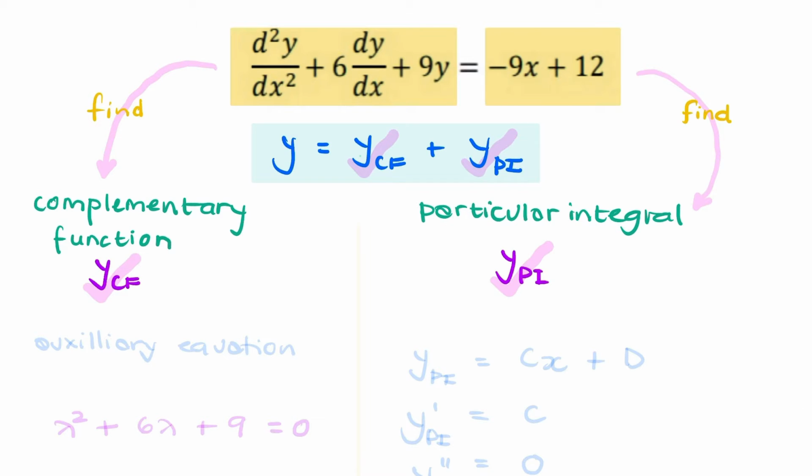Now, the complementary function is essentially the general solution that we find from the left-hand side of this differential equation. So because it's a second-order differential equation, we need to write something that we call the auxiliary equation.